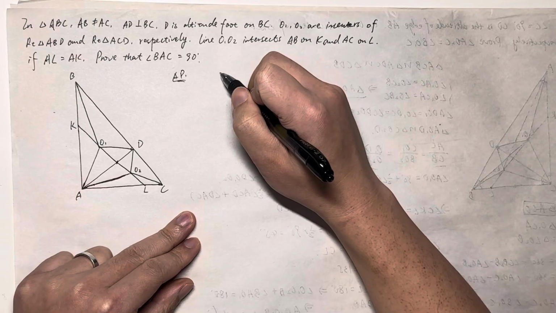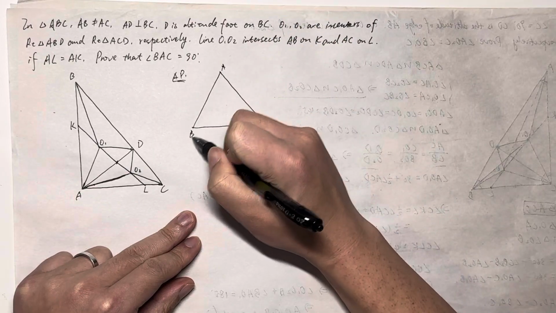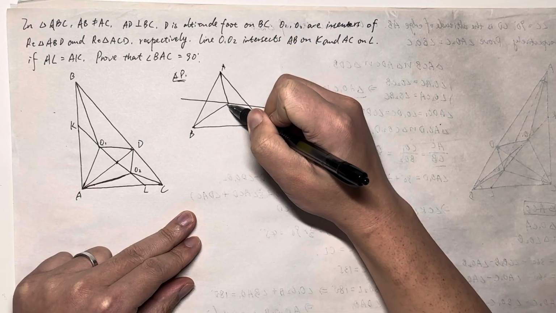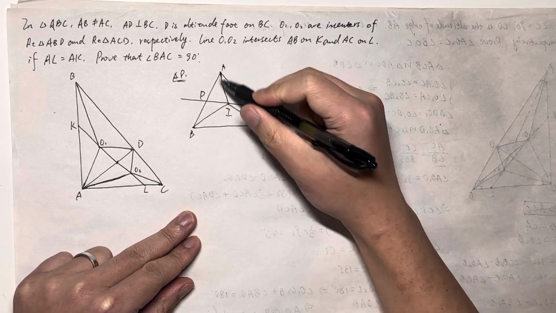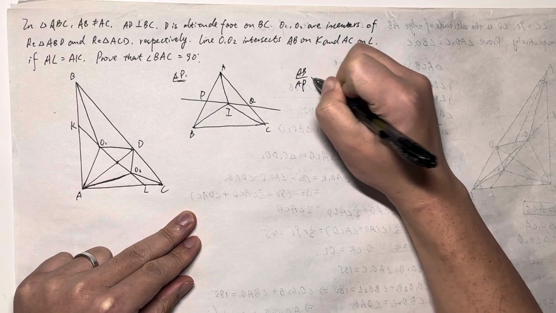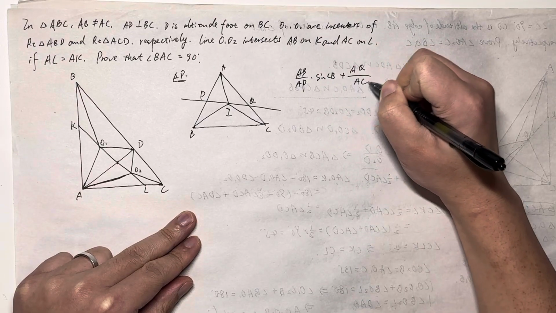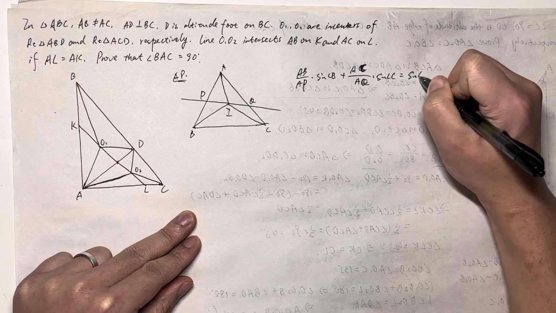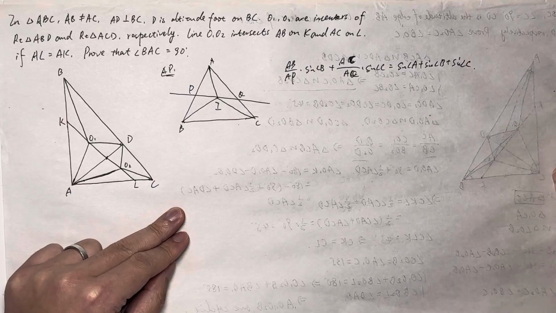Let me just write it here: in a triangle ABC, if there is a line passing through the incenter of triangle ABC and intersecting AB at P and AC at Q, we know that AB over AP times sine angle B plus AC over AQ times sine angle C equals sine angle A plus sine angle B plus sine angle C, right?